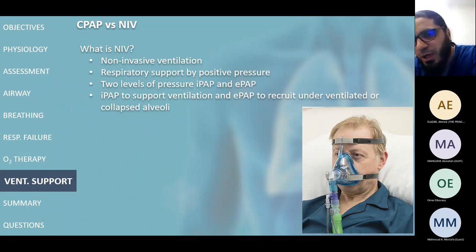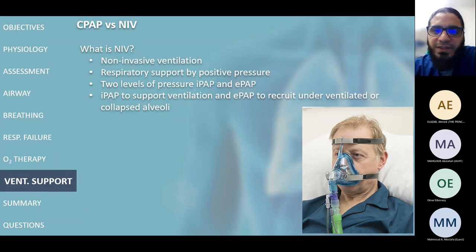The inspiratory pressure will be higher than the expiratory one, and the difference in that pressure will drive the increase in ventilation. So the inspiratory pressure will support the ventilation, and the expiratory pressure at the end of expiration will keep the alveoli patent and ready for the next cycle to start.